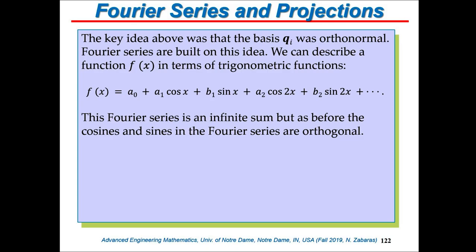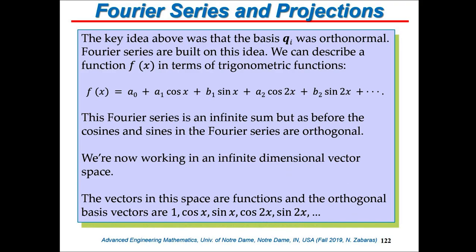What orthogonal means is that if you take the dot product, appropriately defined, between these functions, you will get zeros, except when you take the dot product of each function with itself. So the only thing we need is to define what exactly we mean by an inner product or a dot product for this function space.